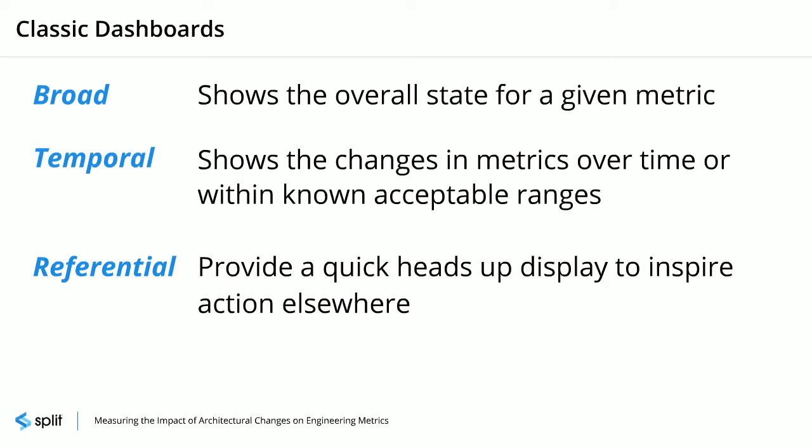And again, it's really designed to inspire action elsewhere. You see some behavior that you're not expecting or that may be problematic, and you use that information to reflect on what you know to be other changes that are happening within the platform and to drive behavior along those lines.